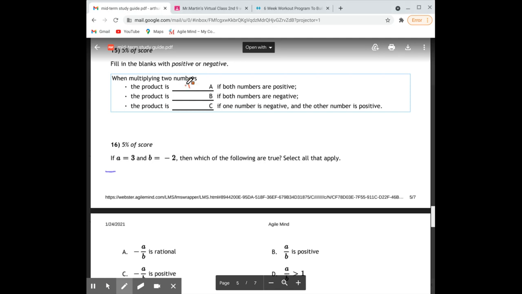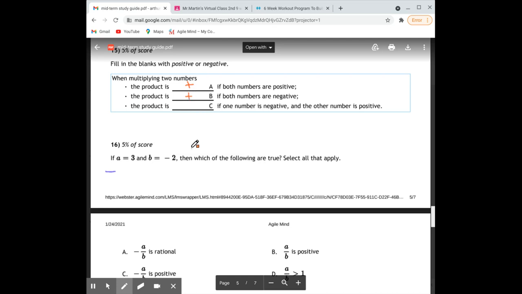Vincent, what would you get if both numbers are negative and you multiply them? A negative number? You sure? When both numbers have the same sign and we multiply, we get what type of answer? A positive.